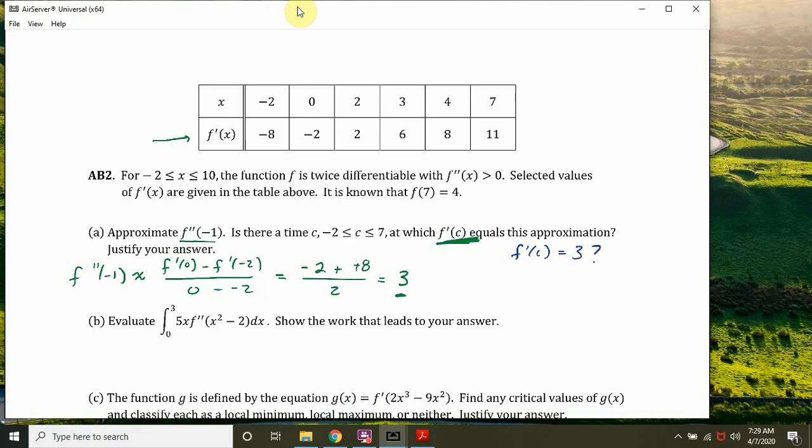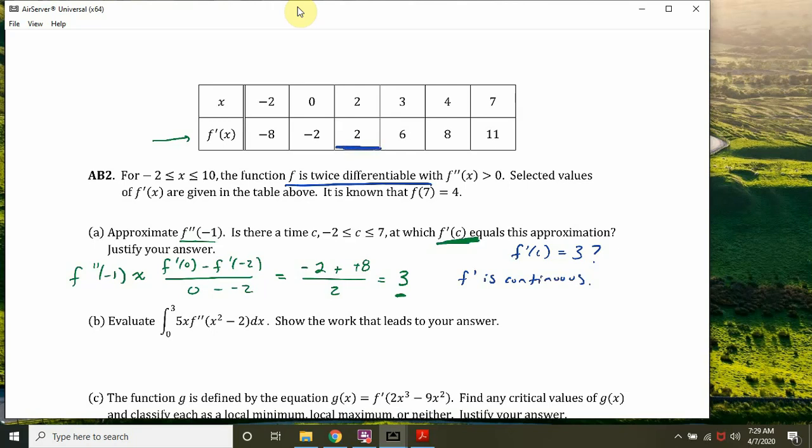That's the question. Okay. Well, look, we know that f is twice differentiable. So f prime is continuous. Okay. And if you look at the values in the table, notice that f prime is strictly increasing.